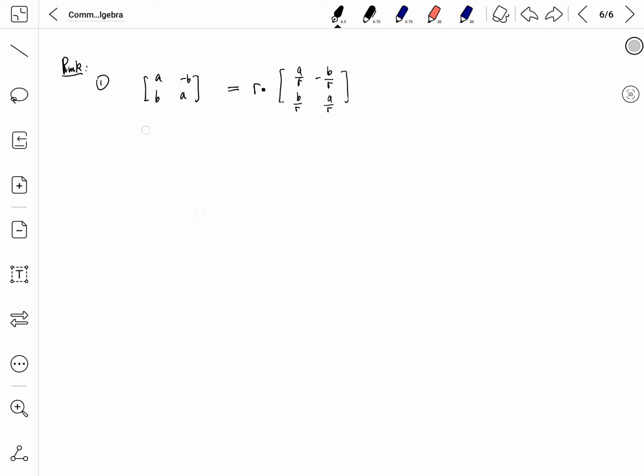If it's not zero, denote by r the square root of a squared plus b squared. Then (a/r) squared plus (b/r) squared equals 1, so one equals some cosine theta, the other equals some sine theta. There is a unique theta, let's say in minus pi to pi, and so this is actually just the rotation by theta.